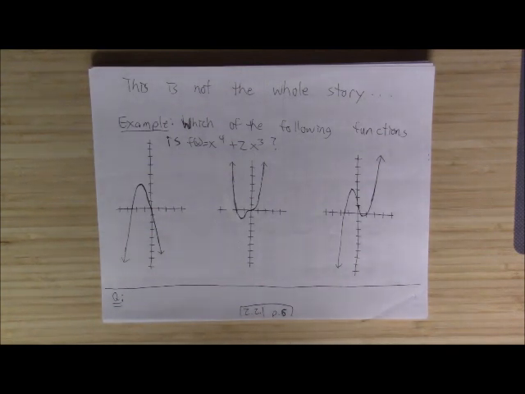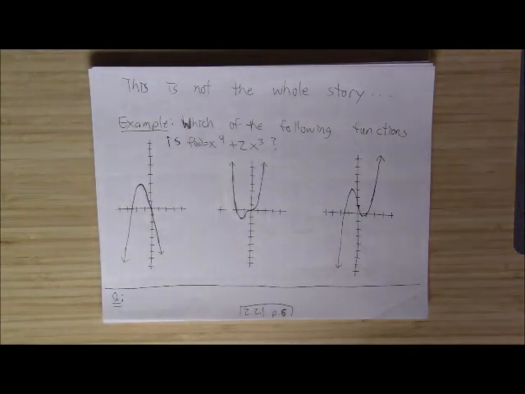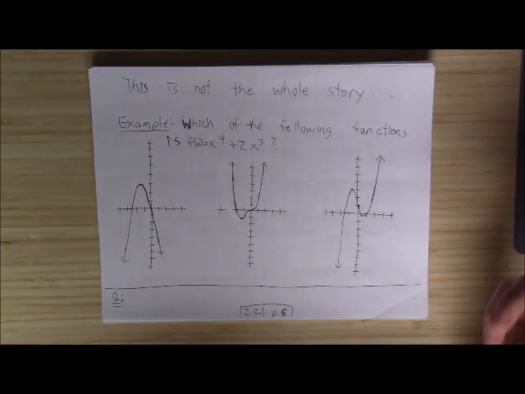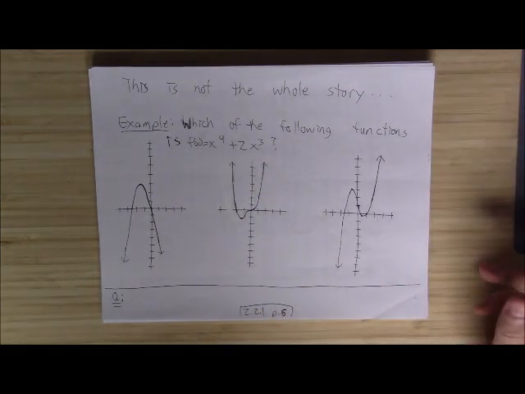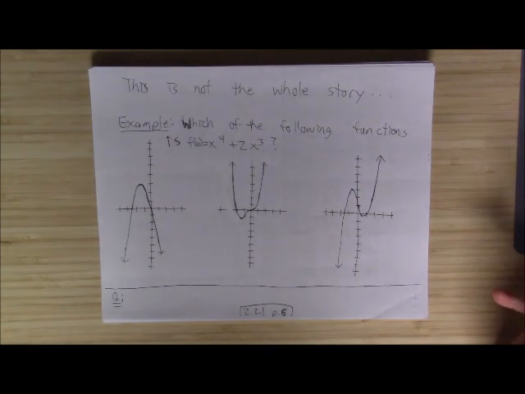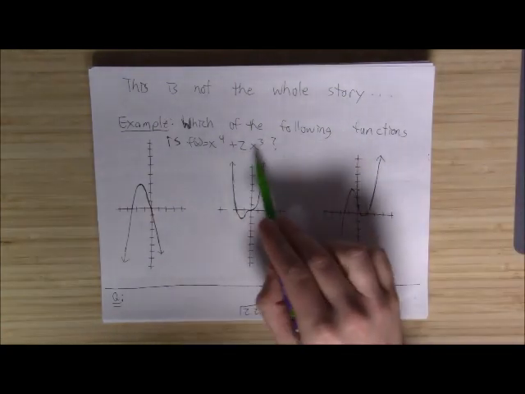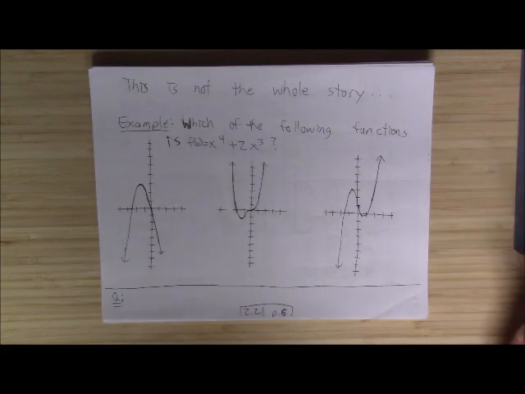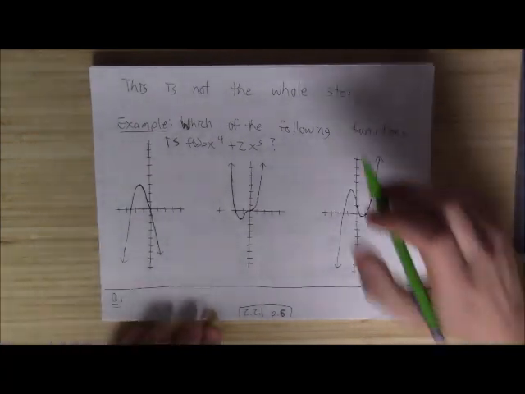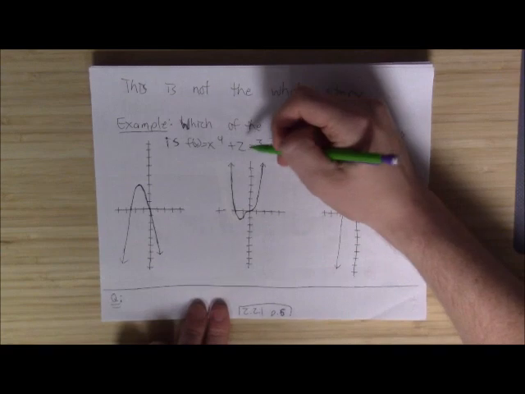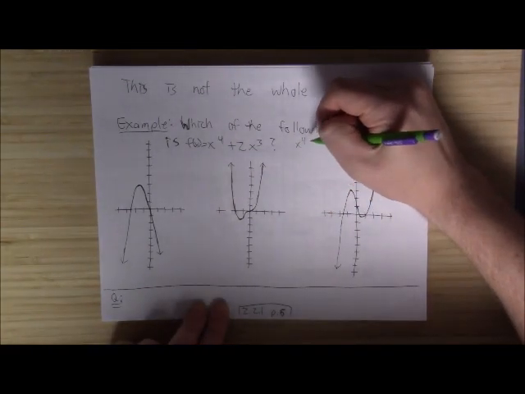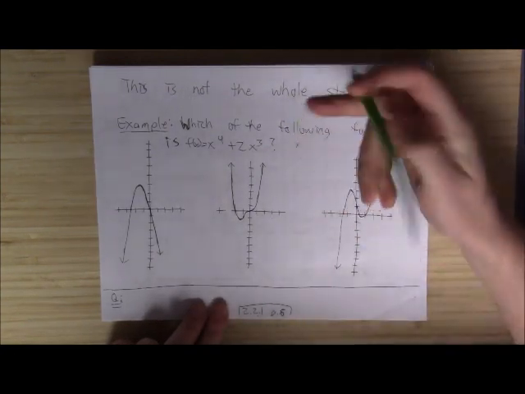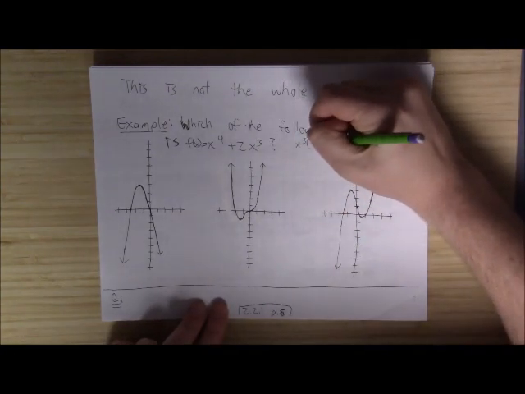This is not the whole story, and so for instance, a question you can ask yourself is which of the following functions is x to the 4th plus 2x cubed? The big issue here is you can't really write that as a transformation, right? So instead, what you need to do is say, well, we know the zeros, right? We can factor that as x cubed times (x plus 2).